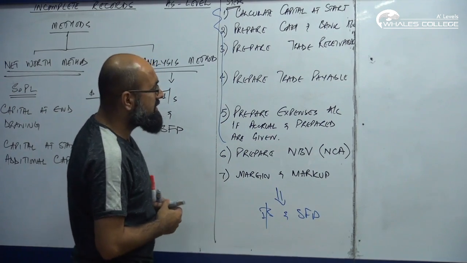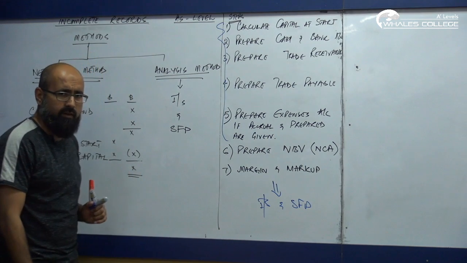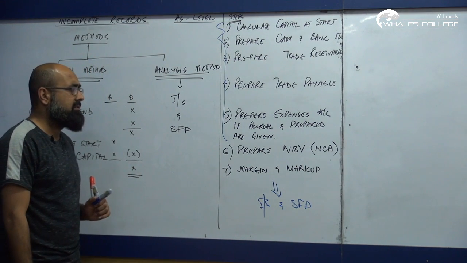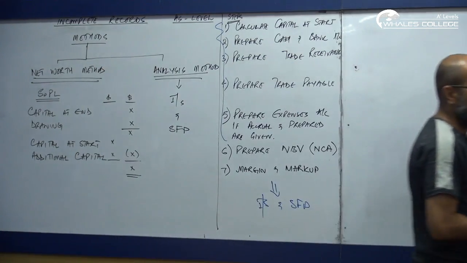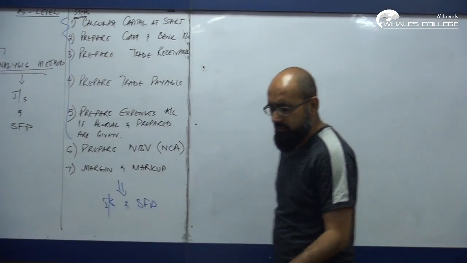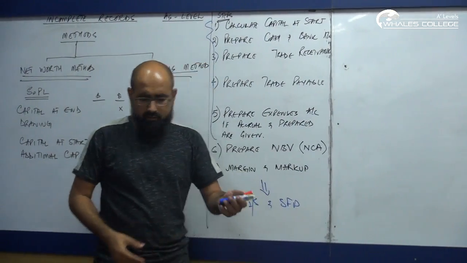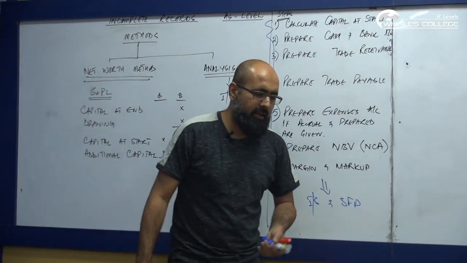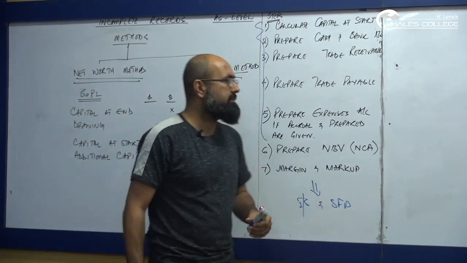Let me pick the question. This is question number 4 of our booklet. So at home you may open the book. Question number 4 I am taking at first glance. If you have the question, you may open it and please read the question.